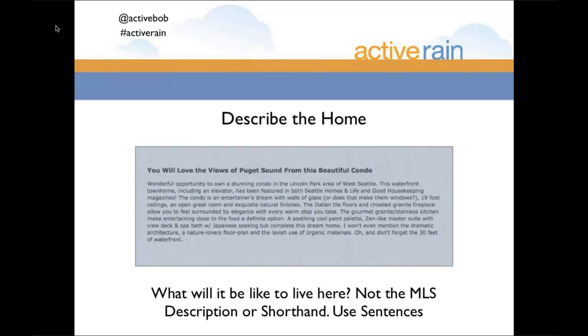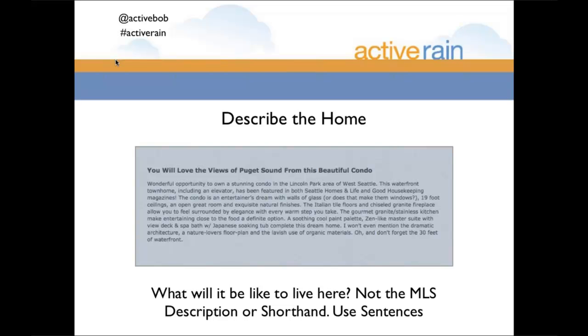We want to have those other kinds of words in there for when people start getting really crazy, right? This one says the Italian tile floors and chiseled granite fireplace allow you to feel surrounded by elegance. If somebody was doing something real crazy, like a search for condos for sale with Italian tile floors, we want to have those other phrases peppered throughout the blog post where we can pick up that ridiculous long tail traffic, I guess you'd call it.